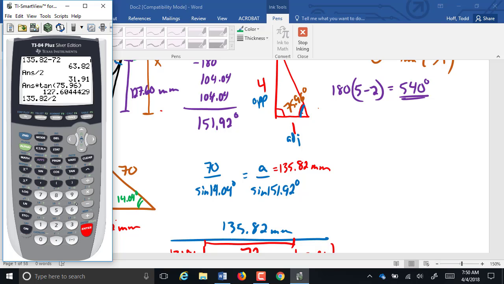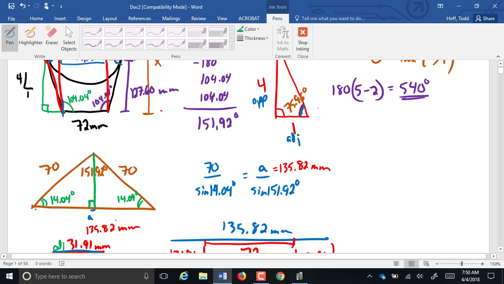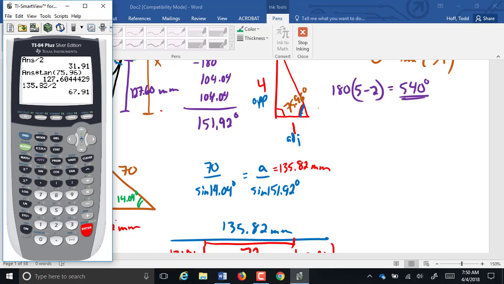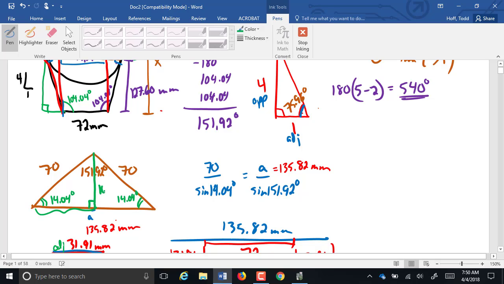If I divide it by 2, that gives me this distance here, right? 67.91. If I divide that by 4, it's 16.98 millimeters. Why did dividing that by 4 work? Well, because it's perpendicular to that 4-to-1 ratio, which makes it a 1-to-4 ratio. For every 4 units of horizontal, there's only 1 of vertical. Now let's prove that that's correct.